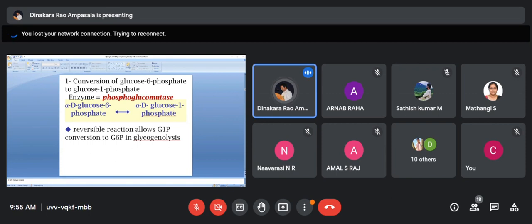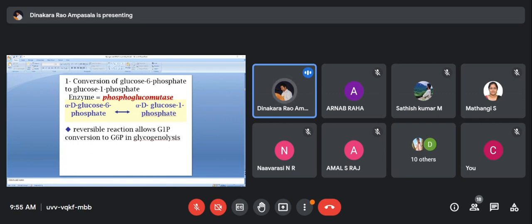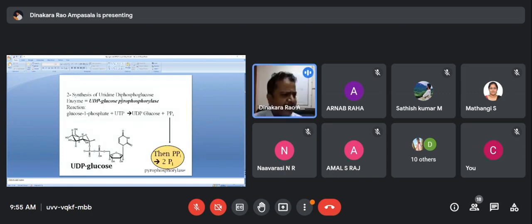Okay, so once glucose 1-phosphate is synthesized, it undergoes uridylylation. UDP is added to this glucose 1-phosphate and it becomes a UDP glucose molecule.